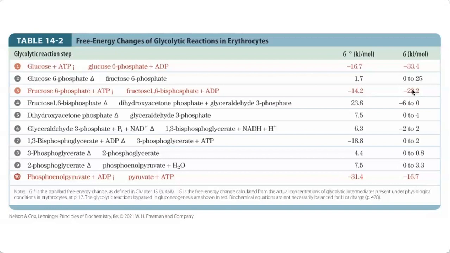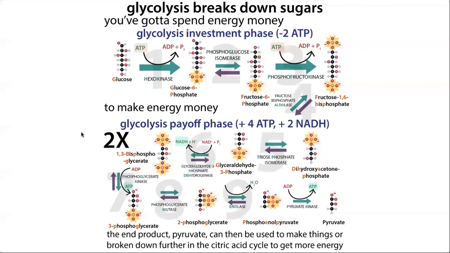We call these metabolically irreversible. We can't reverse them just by changing little bits of concentration. We need to actually control the enzymes that do this. These 3 steps are the hexokinase step, the phosphofructokinase step, and the pyruvate kinase step.